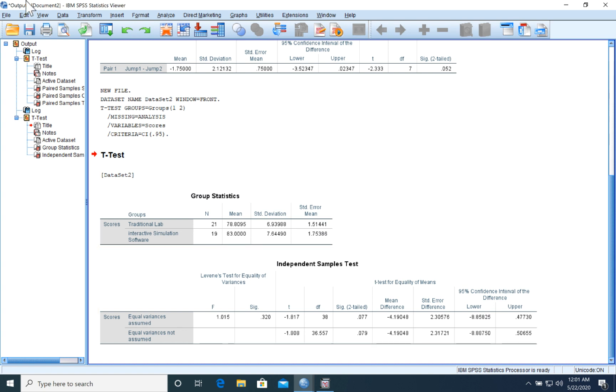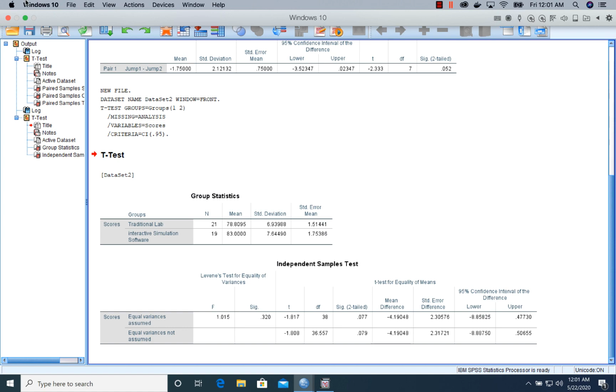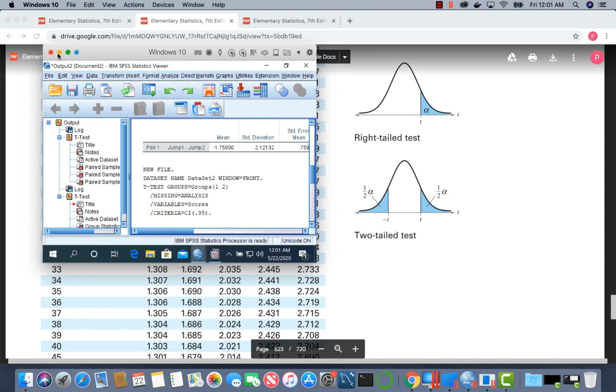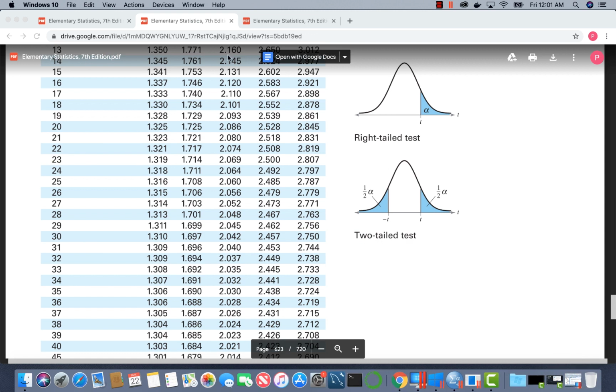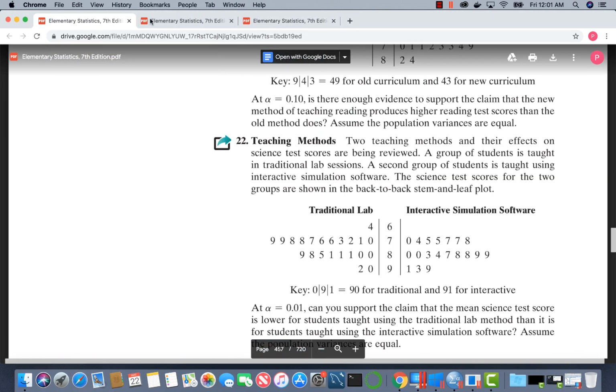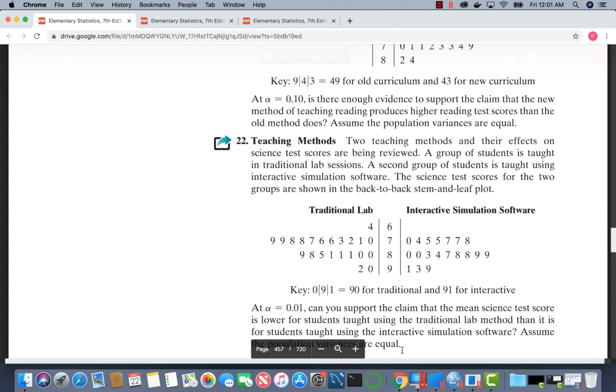So that's that analysis. Now let's take a look if it was the other way. Let's say we were doing the other kind of test where the variances were not equal.